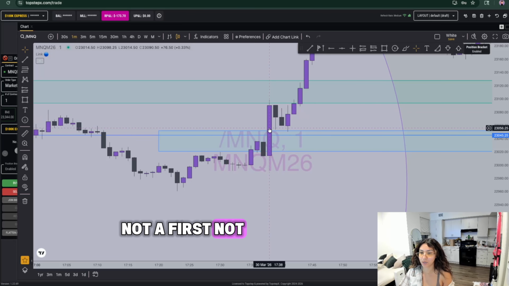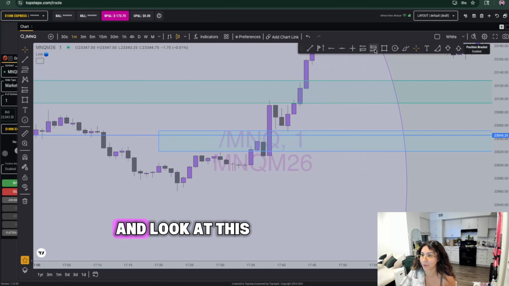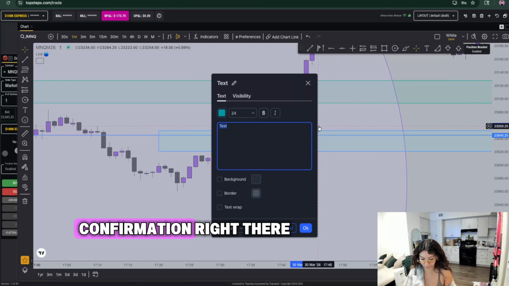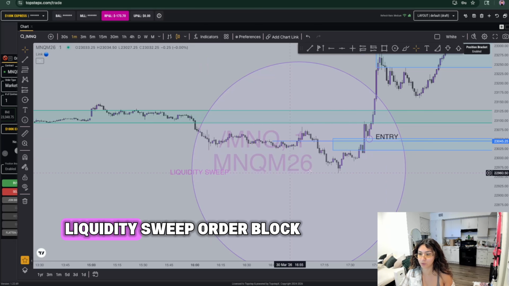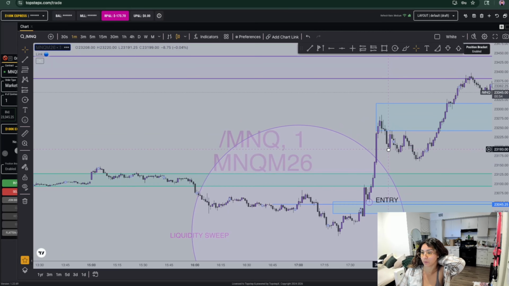Not a first break, but a pullback to go higher. And look at this entry right here. Beautiful entry. That is your confirmation right there. Those are my confluences: liquidity sweep, order block, fair value gap, pullback to enter.